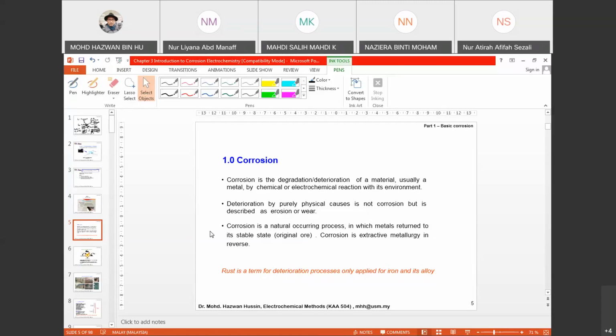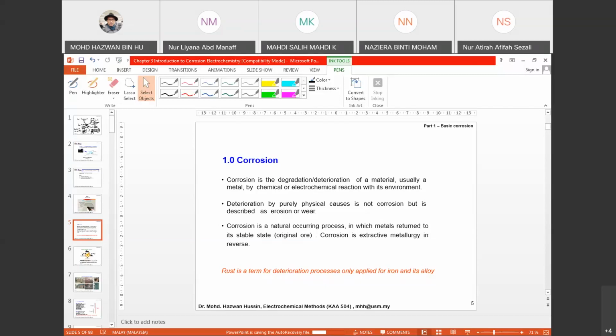All right. Corrosion is a naturally occurring process, and I will explain why, in which metals return to their stable state, the original ore. Corrosion is extractive metallurgy in reverse. Another thing you have to keep in mind is that for corrosion we use one term, which is rust.